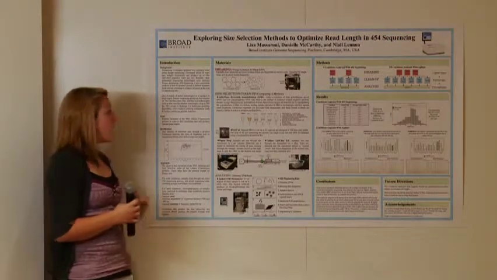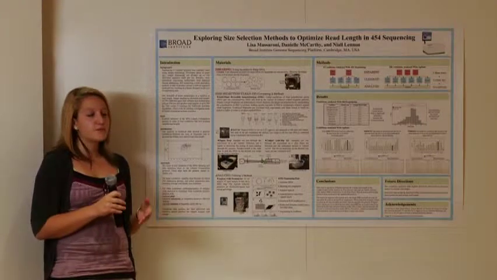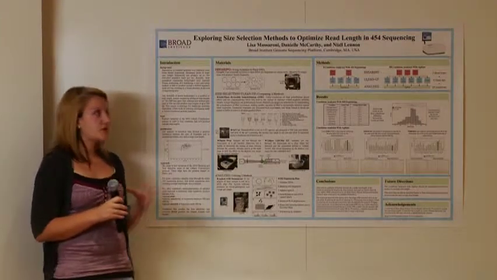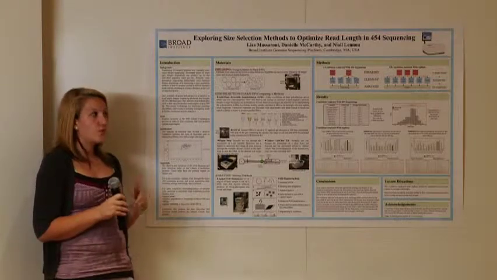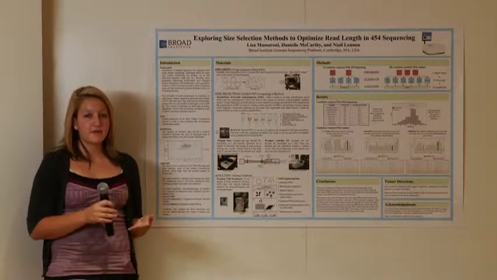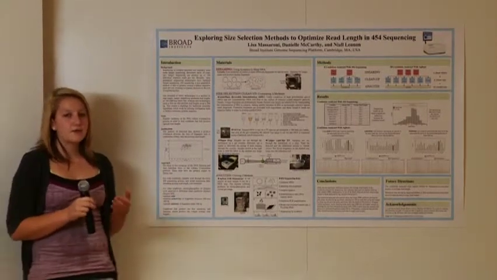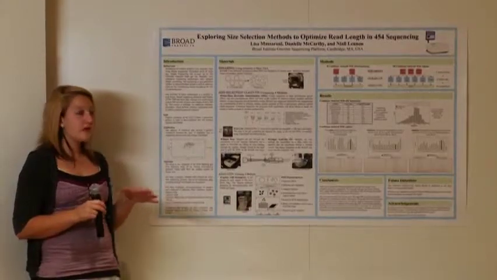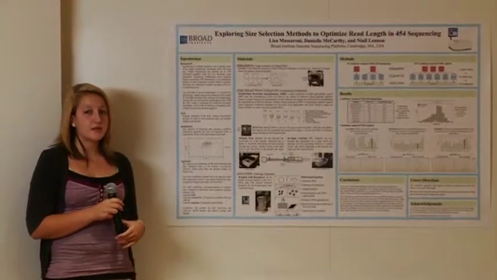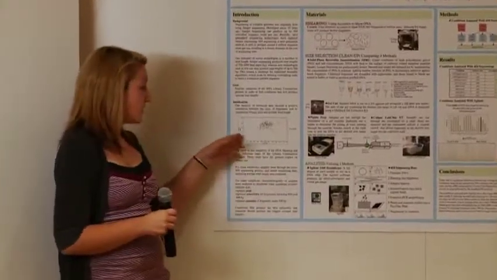So the goal of my project was to explore size selection methods, which is one of the steps in library construction that would optimize the read lengths in 454 sequencing. And the justification for our project was that we explored historical data and found a positive correlation between library size and average read length, which is shown here.